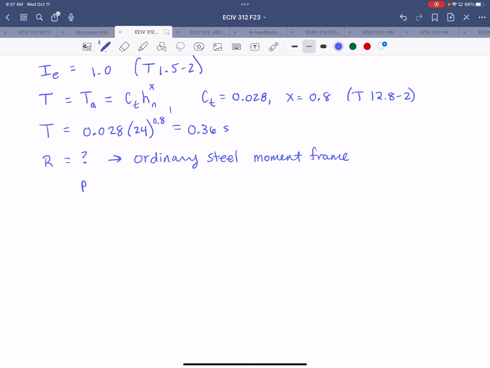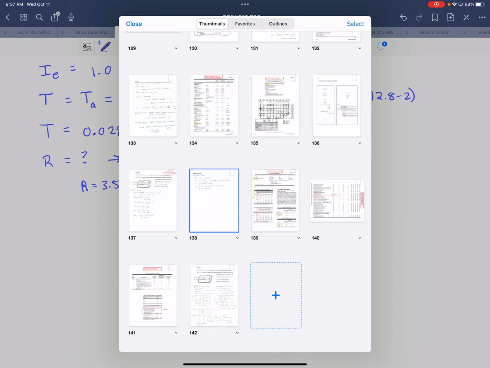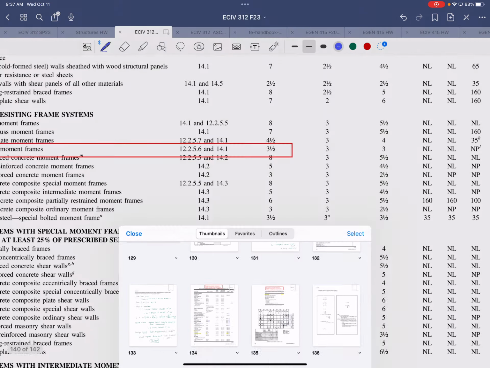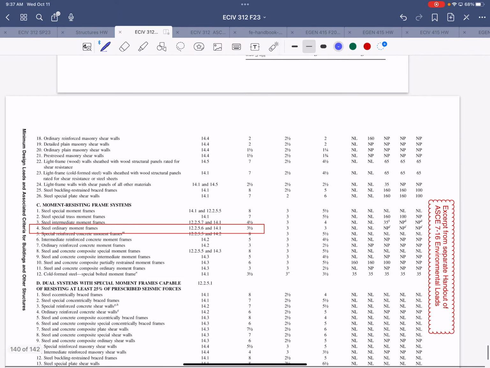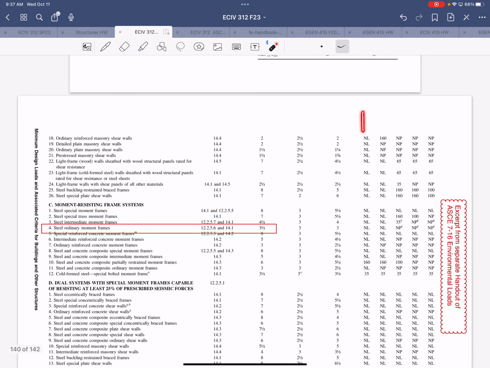So R is equal to 3.5, and that's from Table 12.2-1. And a quick check, all right? We have seismic design category B, which is this first column over here. So looking across, there is no limit on this particular structural system in seismic design category B, okay?